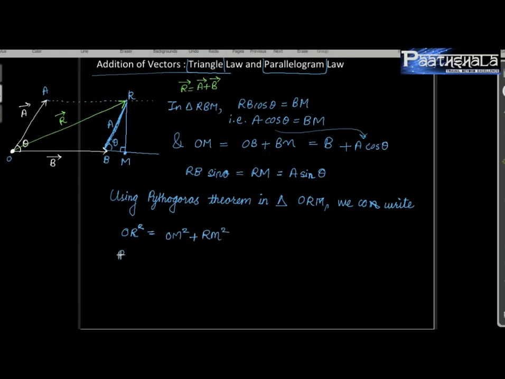That implies R square is equal to (B plus A cos theta) the whole square plus (A sin theta) the whole square.